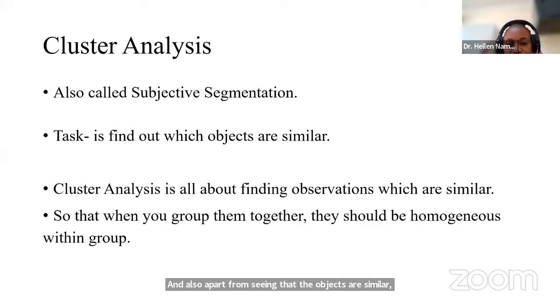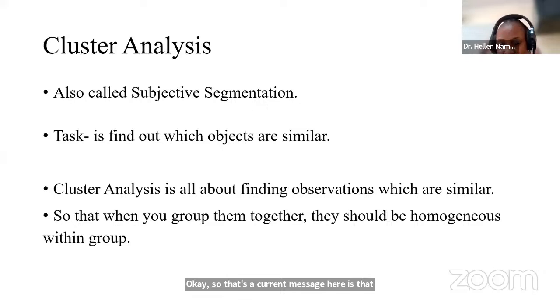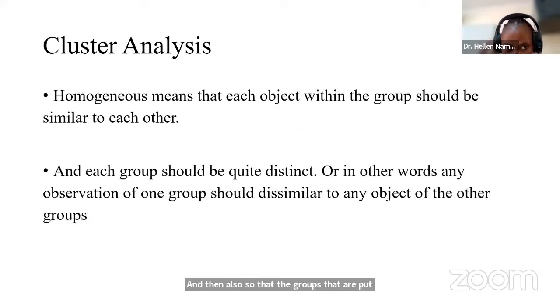Apart from seeing that the objects are similar, we also want to see that the moment they are grouped, they are homogeneous within the group, implying that they have similar characteristics, and they differ from other groups. So the takeaway message is that cluster analysis is all about finding observations that are similar, so that the groups put together are homogeneous within the group.